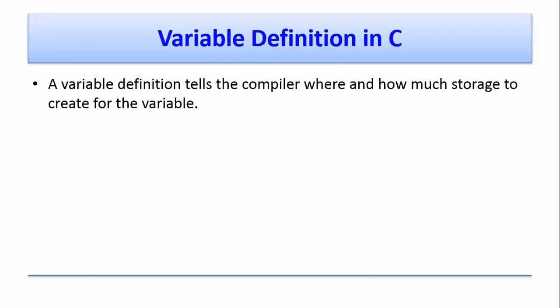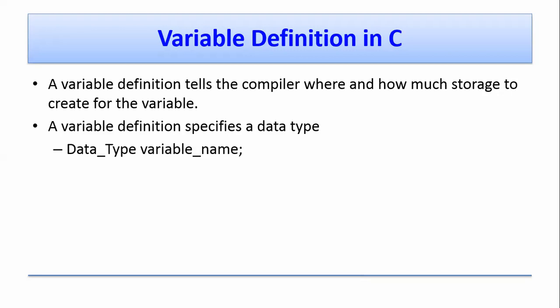The variable definition tells the compiler where and how much storage is needed to store the value. Variable definitions specify the data type, and this is how we define a variable: data type and then variable name, or a list of variables.